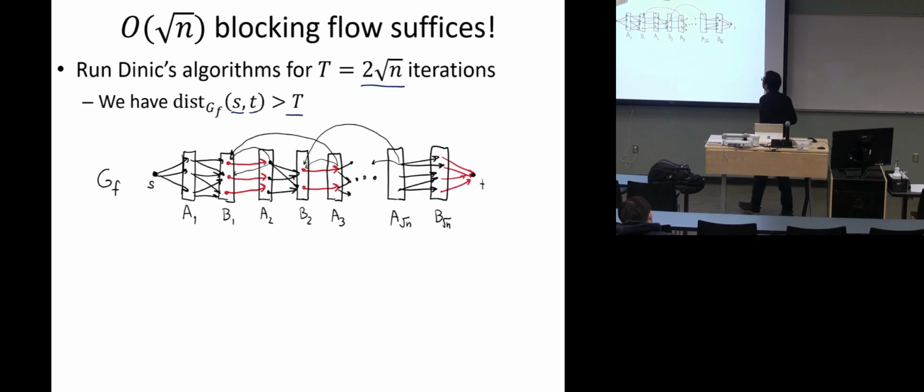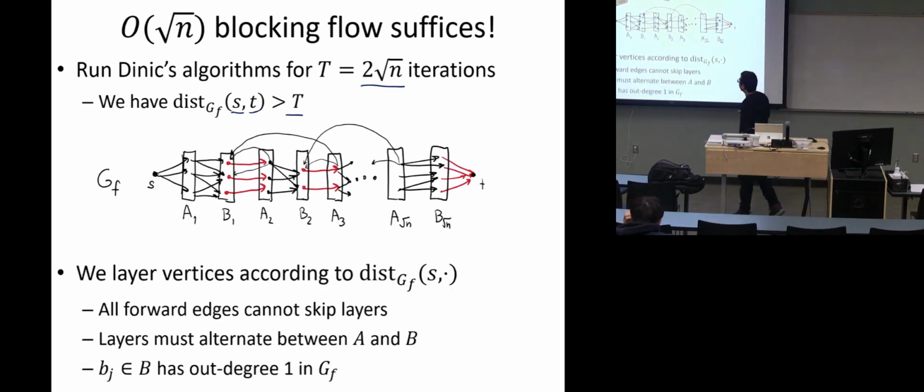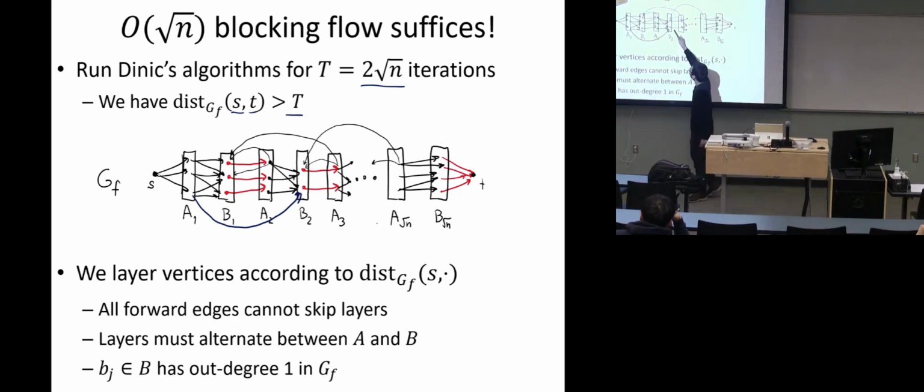And what you get is that you can layer the graph like this. Let's say that we layer vertices according to the distance from S. Because we layer the vertices according to the distance, all forward edges cannot skip a layer. Otherwise, if there is, let's say, an edge from here to here, then the distance of this node would be smaller.